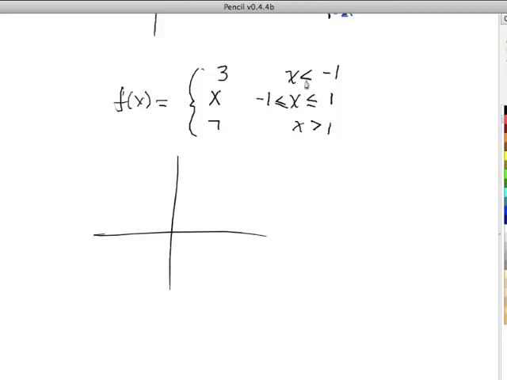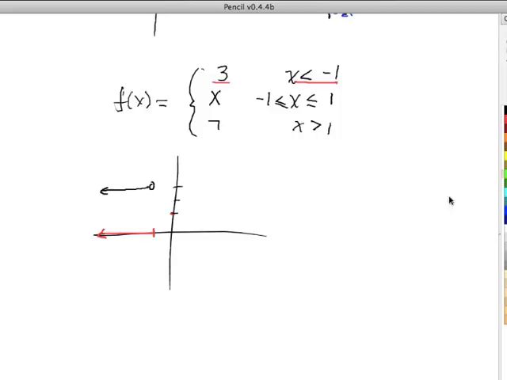So first thing I would do is define this interval. Over this line, our function just looks like the value 3, so it's going to be height 3, 1, 2, 3, with a closed dot. Over this interval, x less than -1, I just graphed the function f of x equals 3.